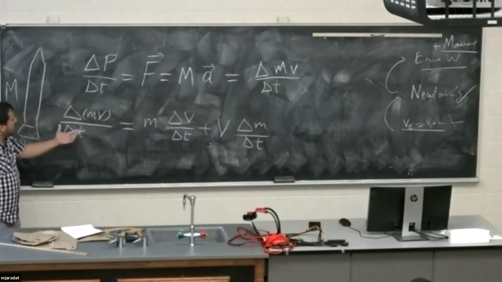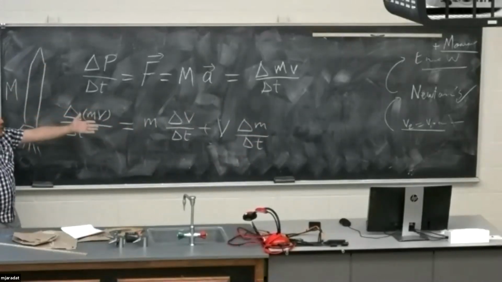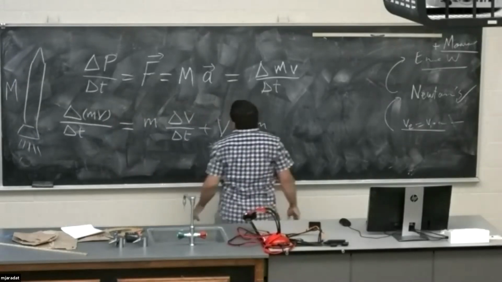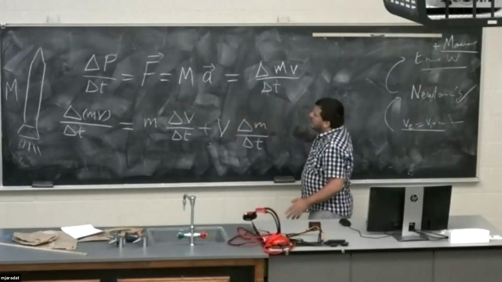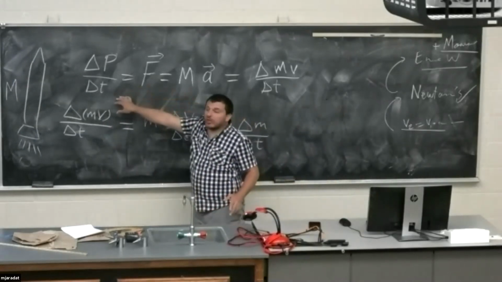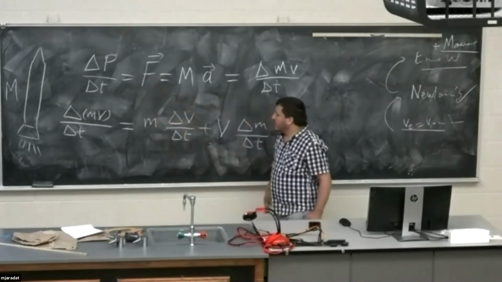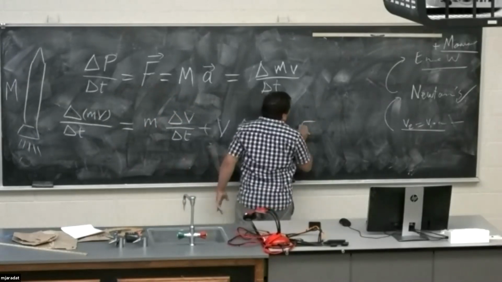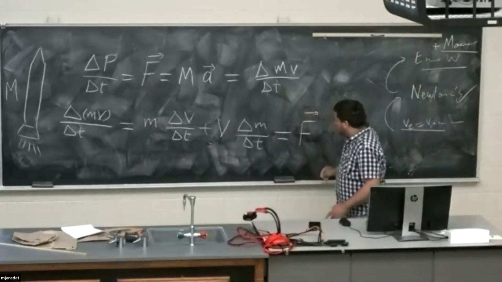We consider the two changes, the velocity, which is the acceleration, and the change in mass, which is the lost mass. So we have a change in momentum with respect to time. This will give us the force. All of this is equal to the force, which is Newton's second law.